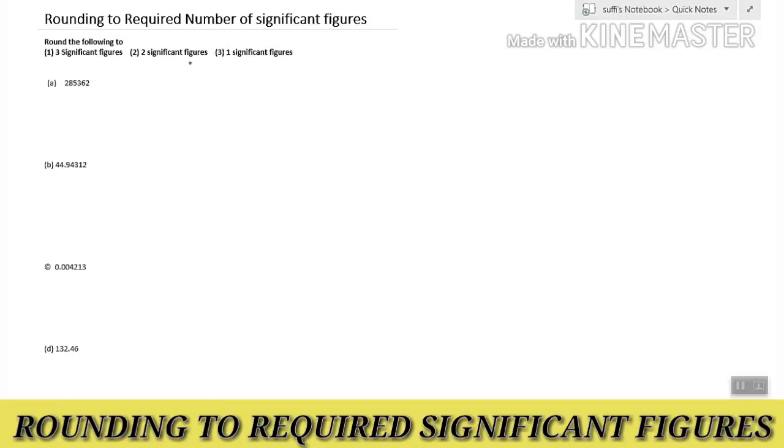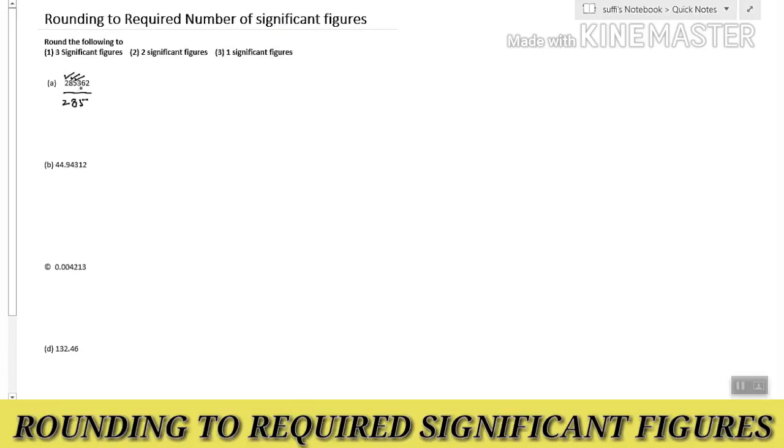then 2 significant figures. If we have to round off to 3 significant figures, the first significant figure is 2, then the second is 8, and the third is 5. It means after this we have to remove the remaining digits, so it will become 2, 8, 5.